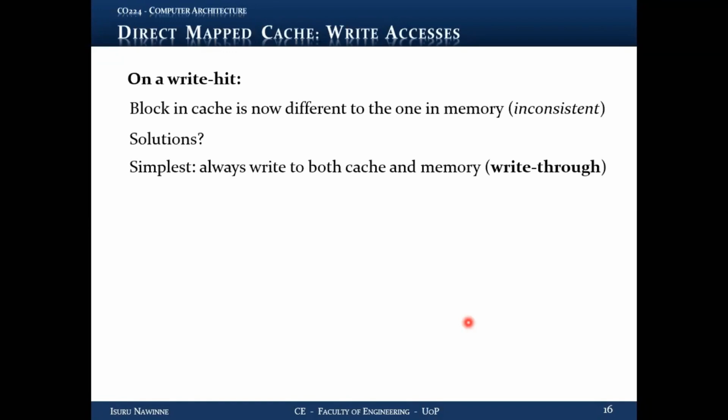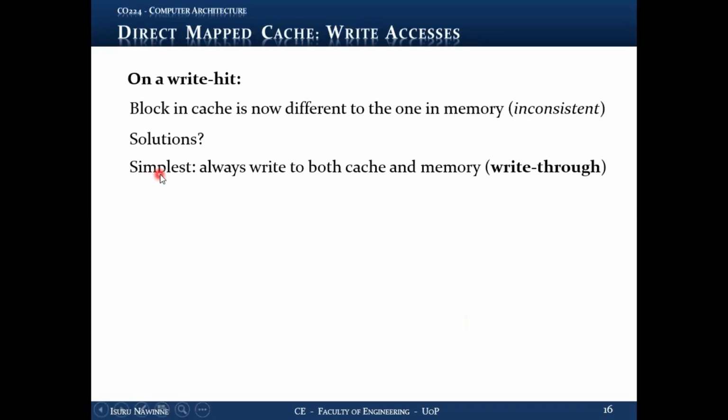In that way, we can avoid this inconsistency. This policy or mechanism is called write through. This cache is of type write through. The write policy is write through.